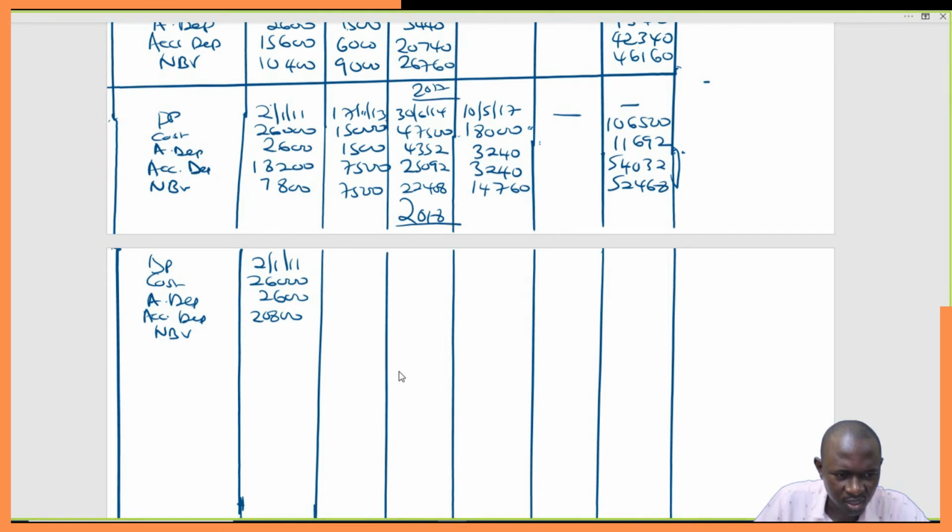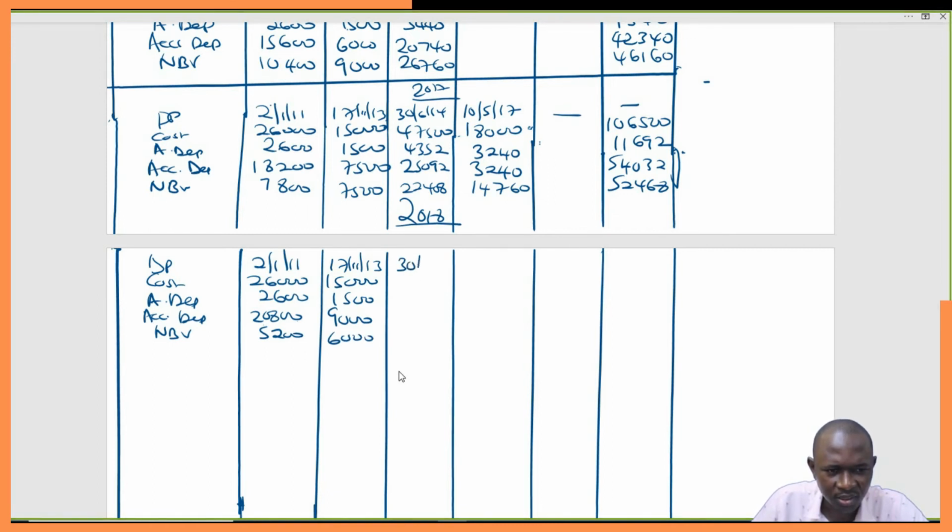And so the answer here will be 5,200. That is this minus this. I told you you need to work on your speed here, because it is time consuming. So unless you work on your speed, you might not get it right. Then 3614, this is 47,500. These figures are not changing.